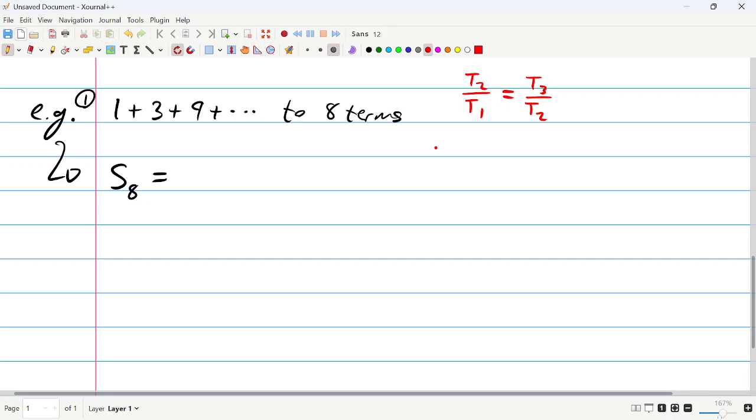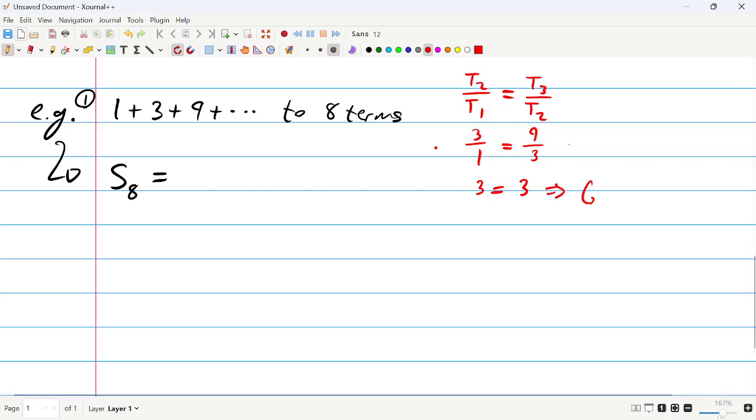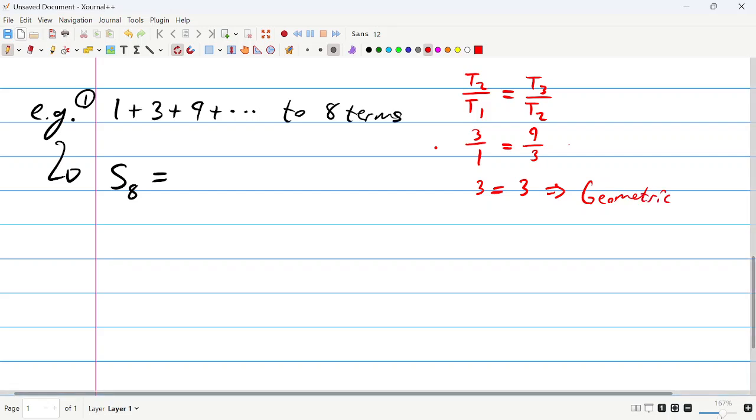T2 is just 3 divided by T1, which is 1, equals T3, which is 9 over 3, which is T2. And notice that 3 over 1 is 3, and 9 over 3 is just 3. So this just indicates that this is a geometric series, and now R is represented by the 3.